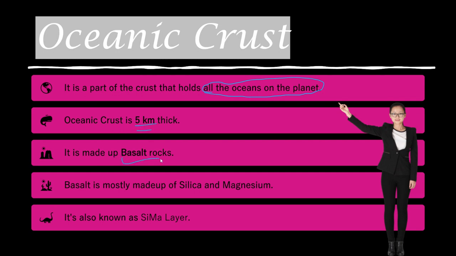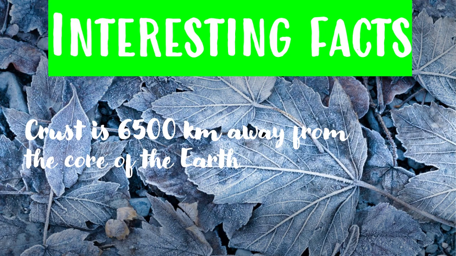It's basically made of basalt rocks, and basalt rocks mainly contain silica and magnesium. The short form for silica is Si and magnesium is Ma. Therefore, it's known as SiMa. An interesting fact is that the crust is 6,500 kilometers away from the core of the Earth.